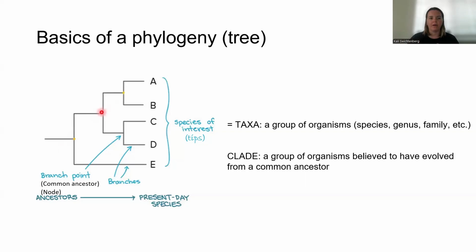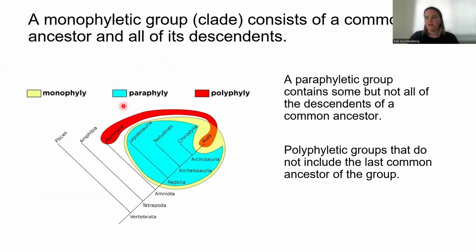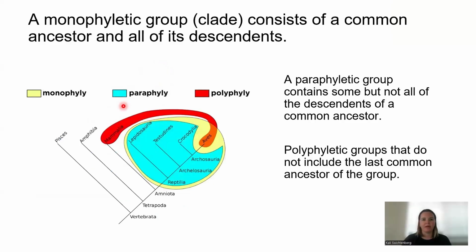I already mentioned this node right here where my pointer is, that if we include this ancestor and all of its descendants, that would be a clade, because A, B, C, and D have all evolved from the same common ancestor, so they form a clade. Usually we want to form what is known as a monophyletic clade. A monophyletic clade is a common ancestor and all of its descendants.